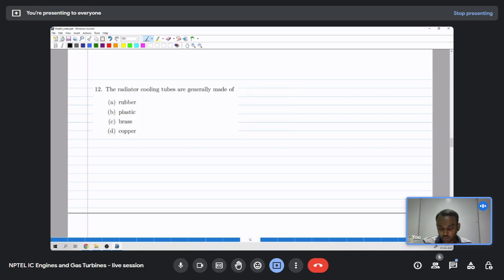The radiator cooling tubes are generally made of: rubber, plastic, brass, copper. Can someone guess the answer?